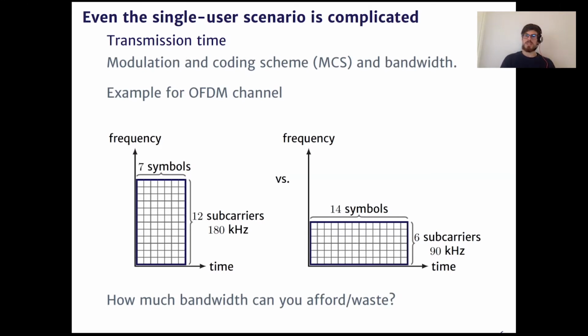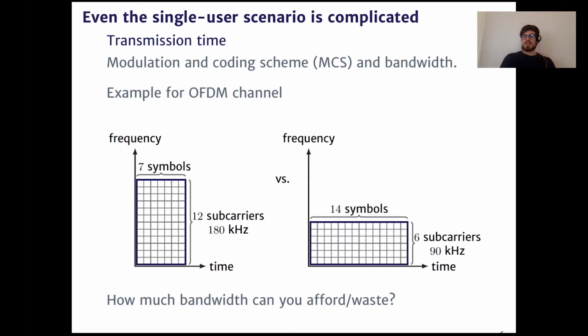Bandwidth is also an essential part of this, and I exemplify with the two figures that we have here. These were taken, for example, from an orthogonal frequency division multiplexing channel. In the left part, we have one that has 12 subcarriers in the frequency domain and 7 symbols in the time domain. This will be a traditional physical resource block in 5G, 4G.